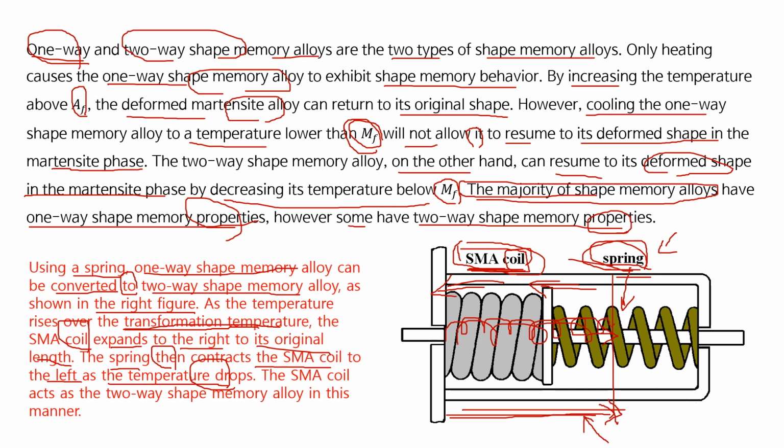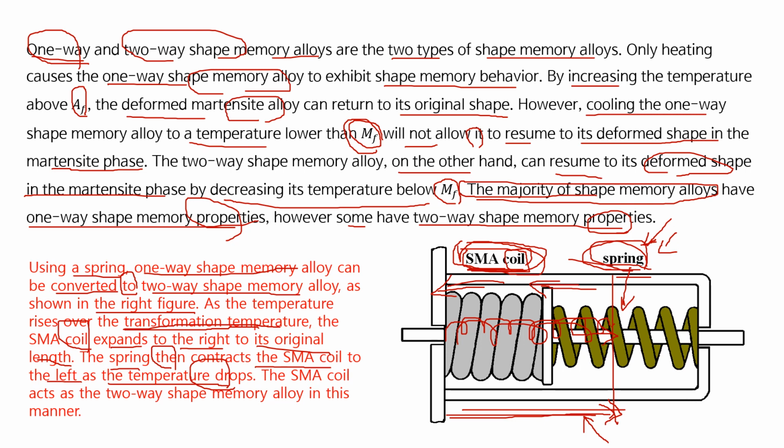Since the temperature is below the martensite finish temperature, this shape memory alloy can be easily deformed by an external force. So the external force is given by this spring.